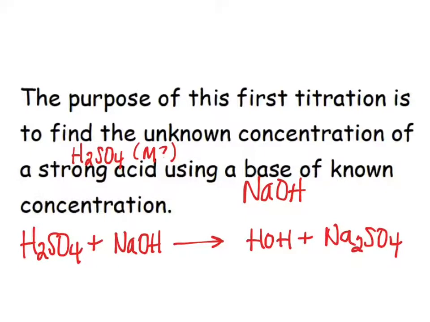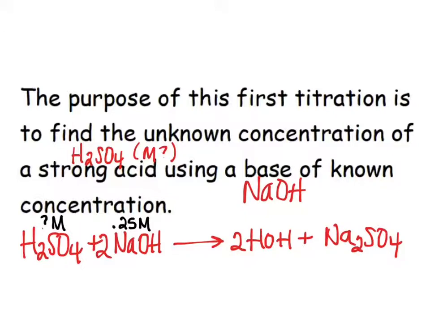We balance this, we get 2 there, and we get a 2 there. We are going to use 0.25 molar sodium hydroxide. We do not know the molarity of our H2SO4.